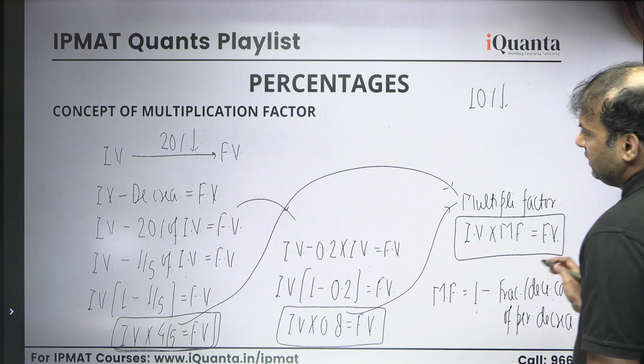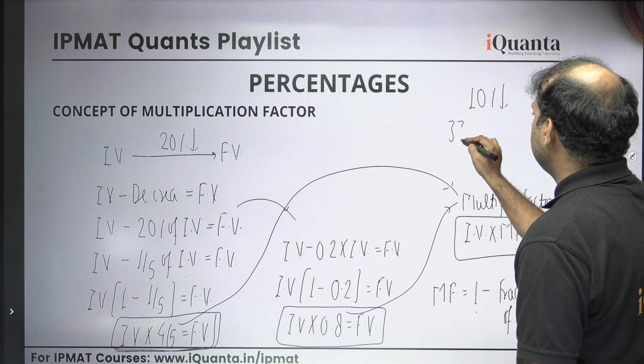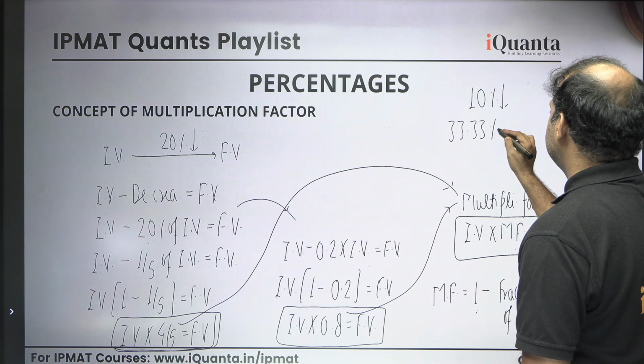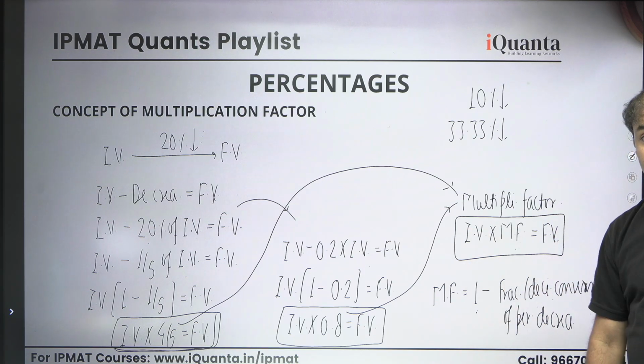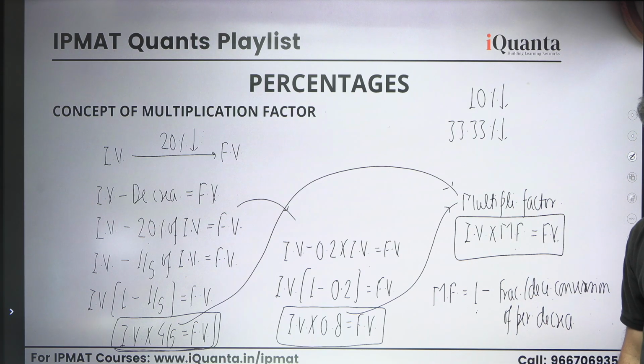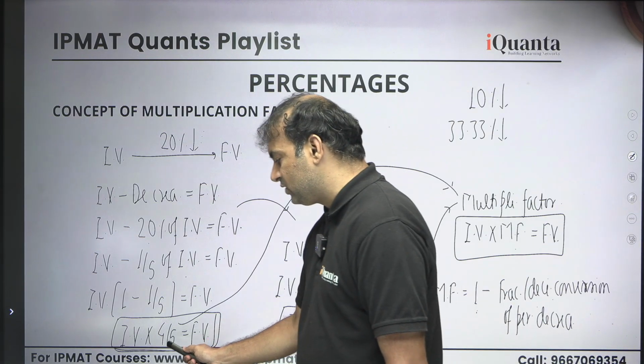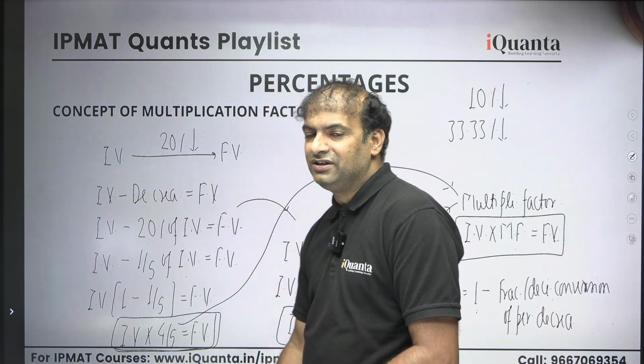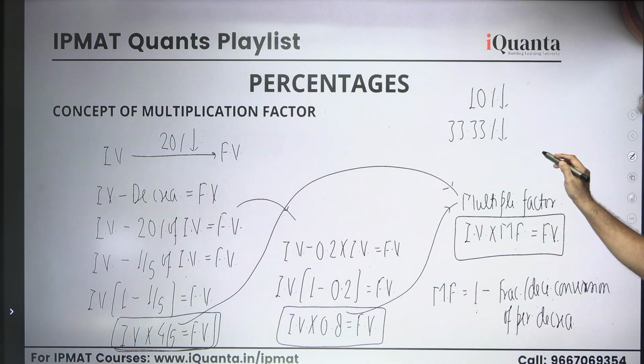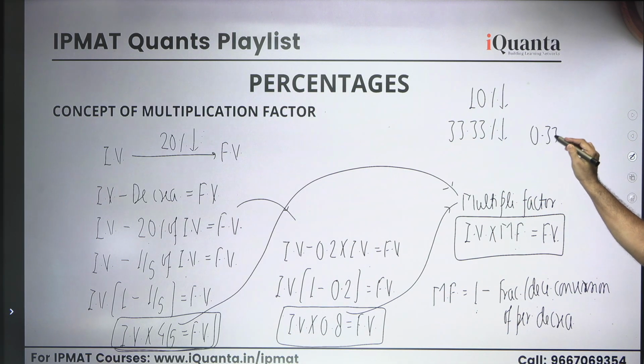Okay, suppose I take another example, let's say we decrease by 33.33%. So 33.33% in fraction is 1 by 3. 1 minus 1 by 3 has to be 2 by 3. It will be written here in fraction. In decimal, it is what? It is basically 0.333, right?